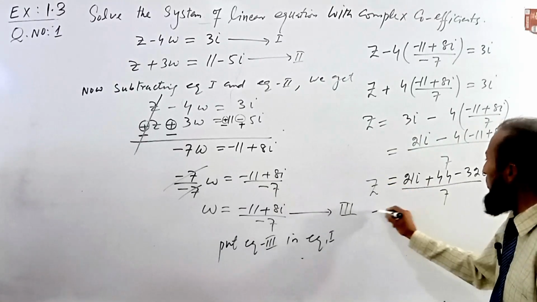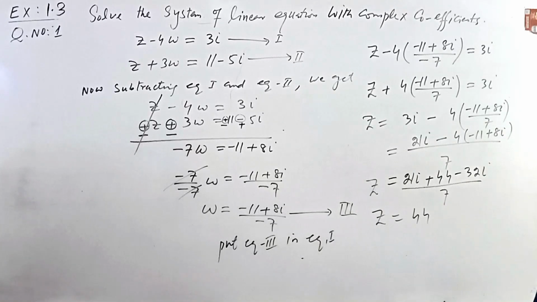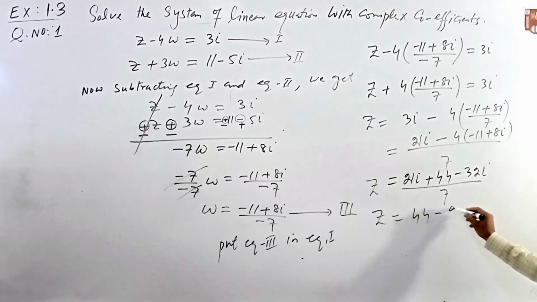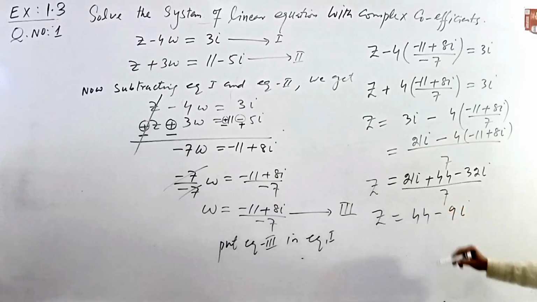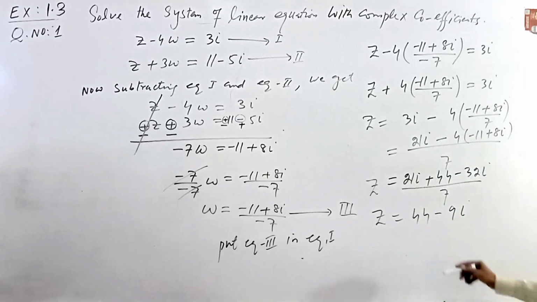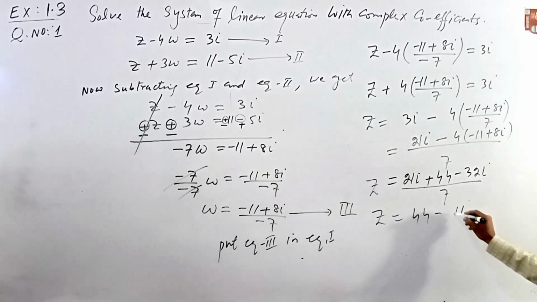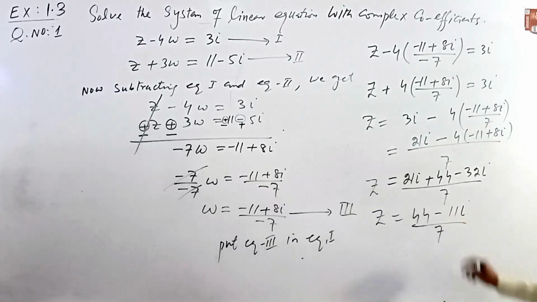So z is equal to 44 is the constant, the imaginary part 21 and minus 32, we will get minus 11 iota, divided by 7.